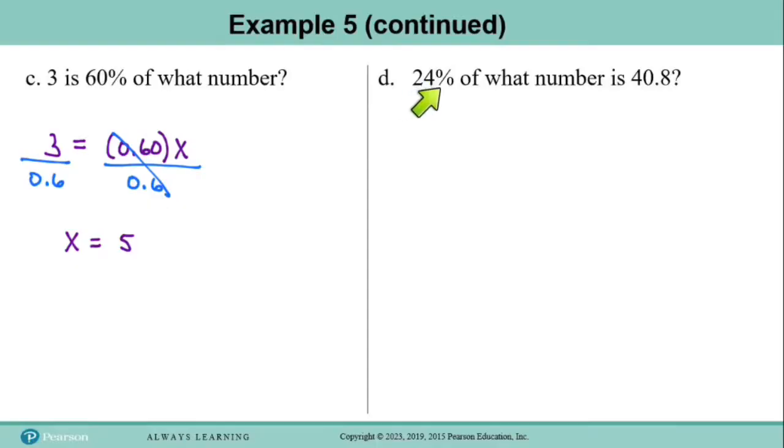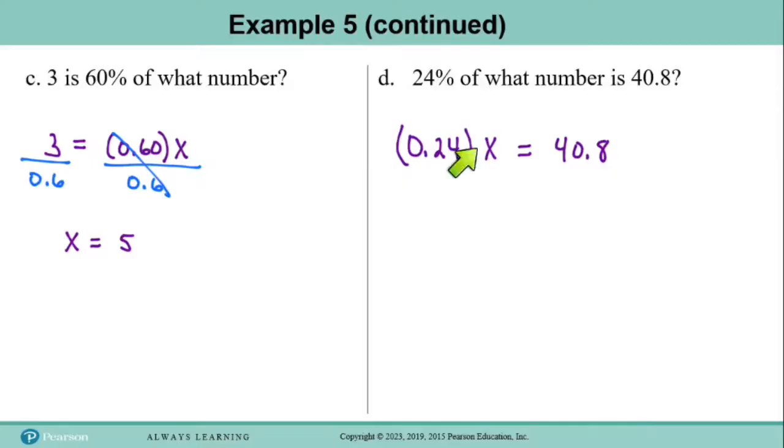So we have 24% of what number is 40.8. Okay, so we'll do the same thing again. Our unknown is in a different position, but we'll still write our equation the same way we've been doing it. So take the percent symbol off of this 24, and so that will give us 0.24 because we moved the decimal 2 places to the left. So 0.24 of, so that'll be times what number, so that will be x, is 40.8, so equals 40.8.